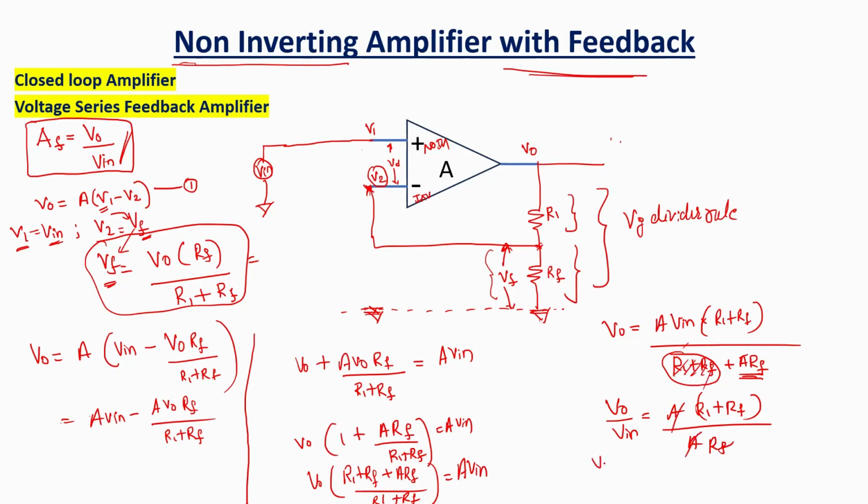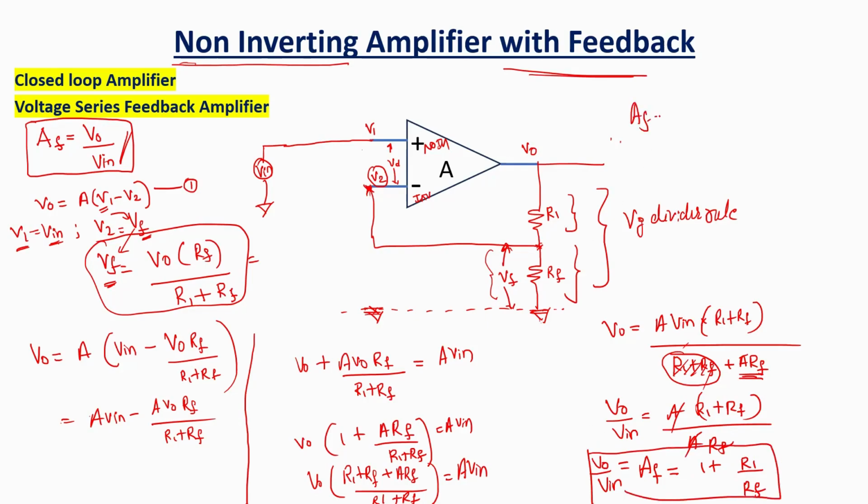So A and A are cancelled, and the output voltage divided by V in, the intended closed loop gain, can you simplify this one? It's 1 plus R1 divided by RF. This is what we wanted. Again, I'm going to write this one.